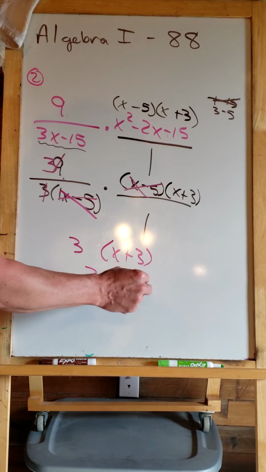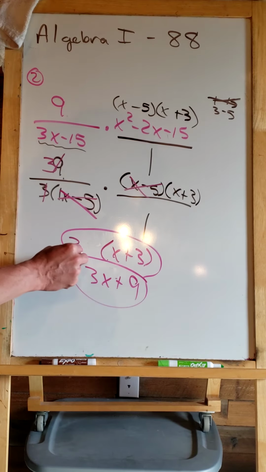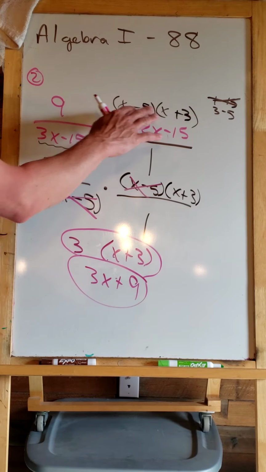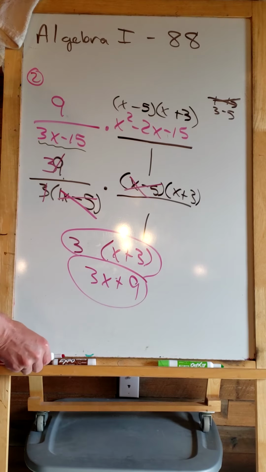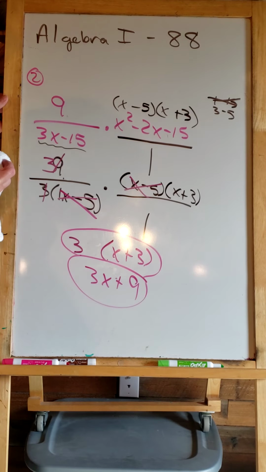I'm okay with either answer here. Okay? You can leave it in either form. Just make sure you factor, cross out what they have in common, and then simplify it down. Okay? So, that's example 2. All right?